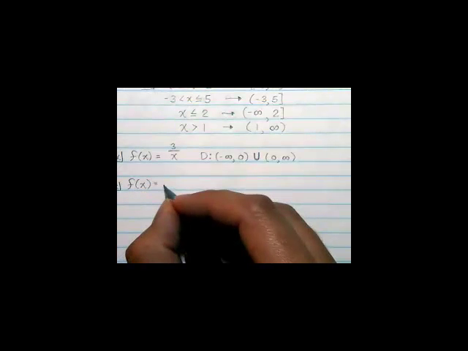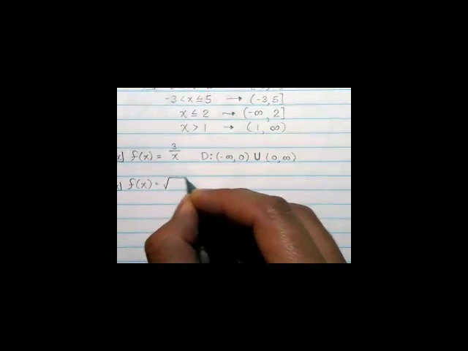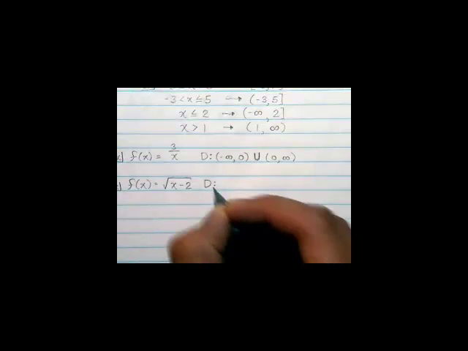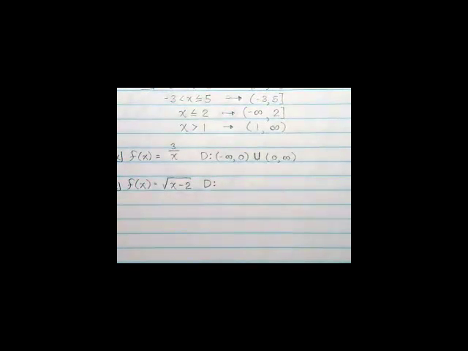Let's try another square root one here. What's the square root of x minus 2? So think about what numbers we can plug into that and what numbers we can't plug into that.